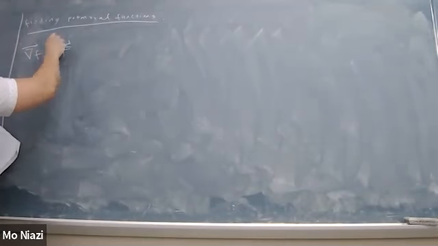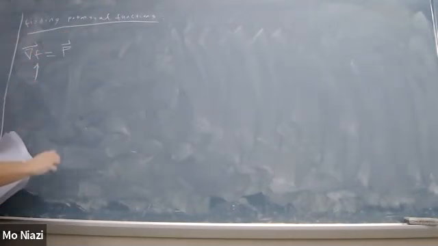A potential function is this function f, such that its gradient is equal to some conservative vector field.